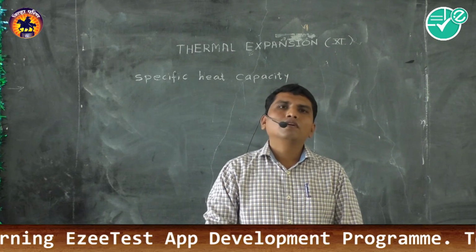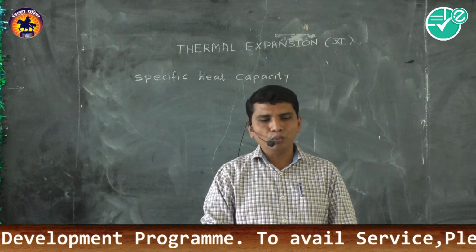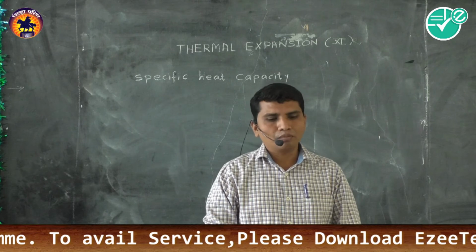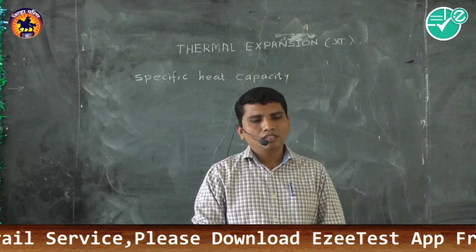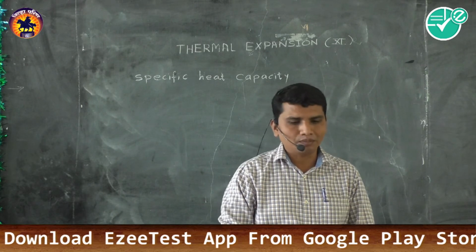To understand this concept of specific heat capacity, let us consider that an amount of heat Q required to change the temperature of a substance is directly proportional to the mass of the substance.